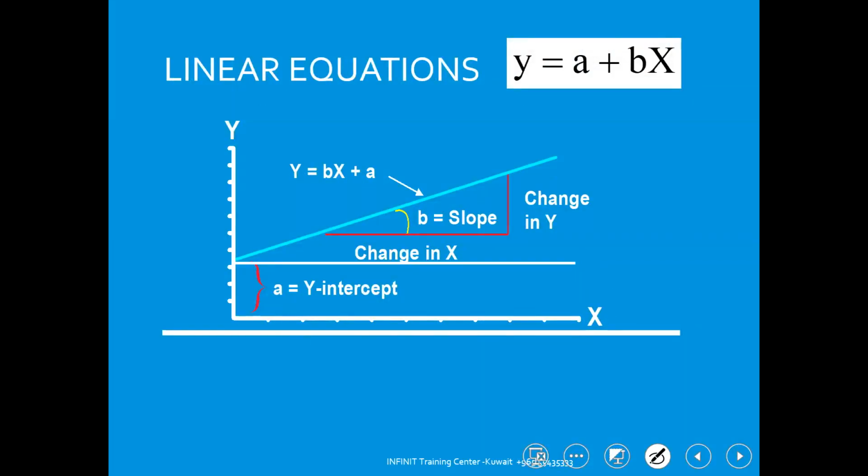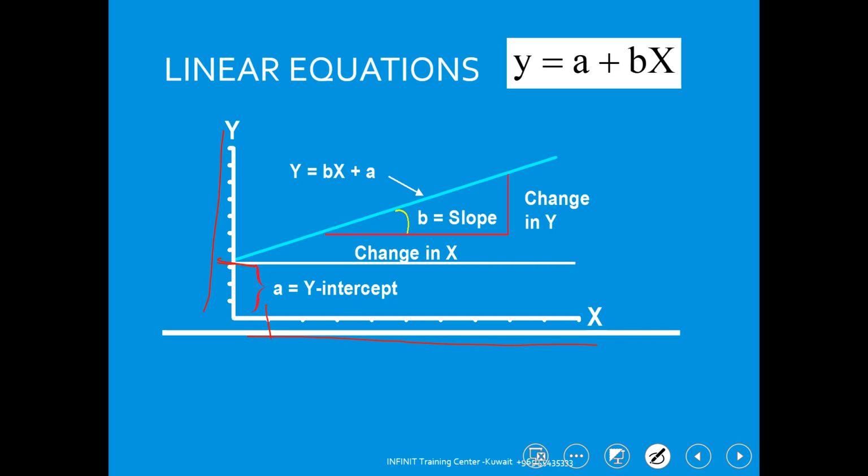And that can be shown in this graph also. You can see here, this is the value of Y, this is the value of X. When there is no advertisement, you still have a sale, right? That is what we call the Y-intercept. When there is no advertisement, you still have this much of sales.